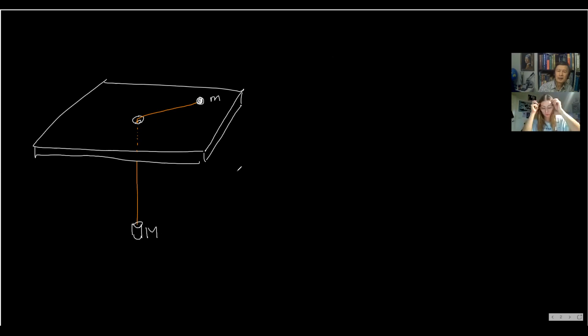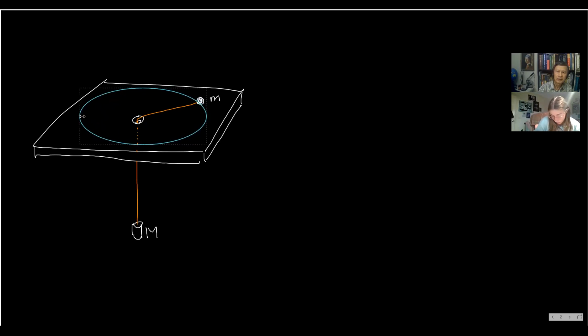Now, if we let these objects do circular motion, we can take this example to explain how the equation can be used. This is a 3D diagram, so they are doing circular motion on the table.